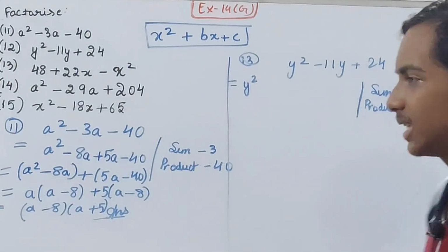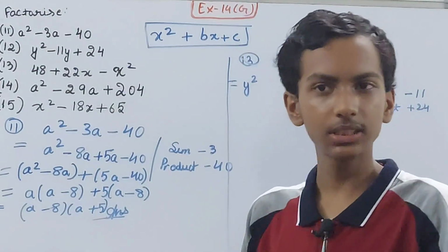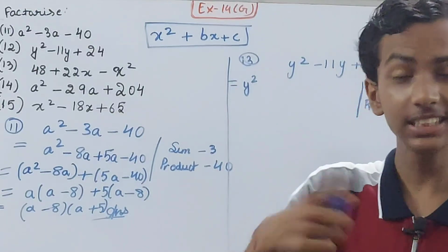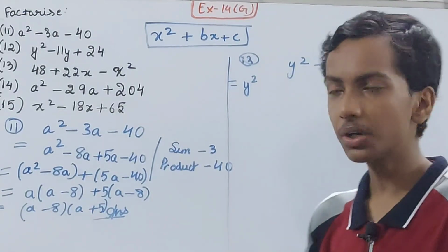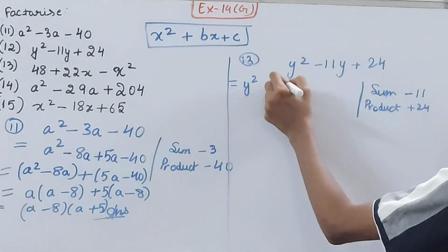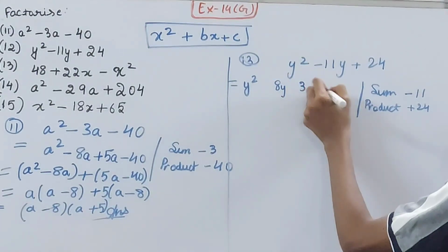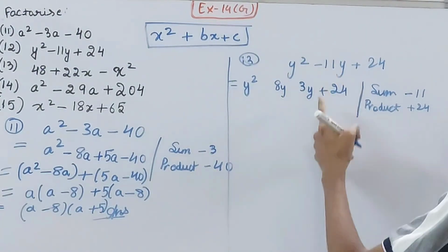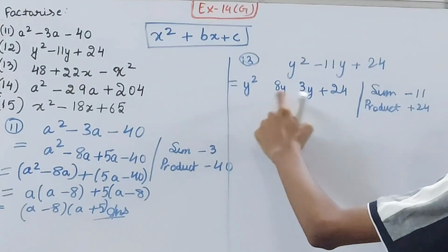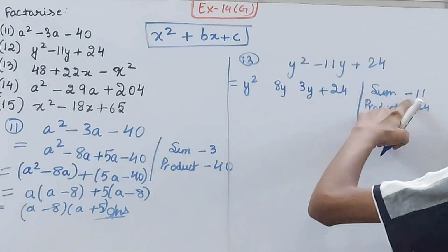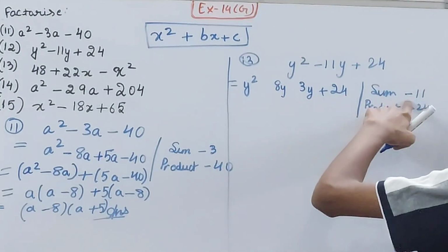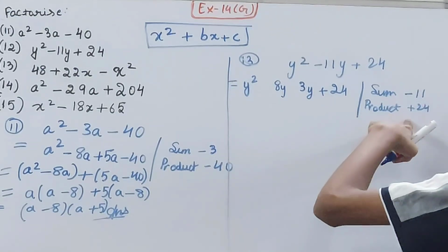Let's see, 6 and 4 is 10, not possible. 8 and 3 is 11. So one factor will be 8y, another will be 3y, and plus 24 here. Now you can attach the signs to them. See, the sum is negative and the product is positive.